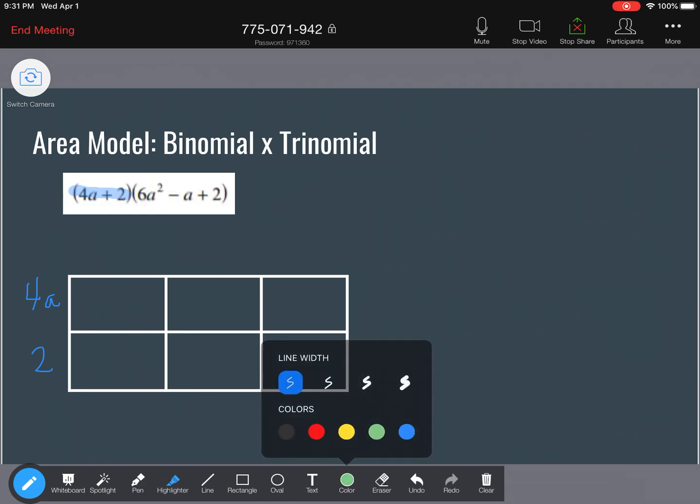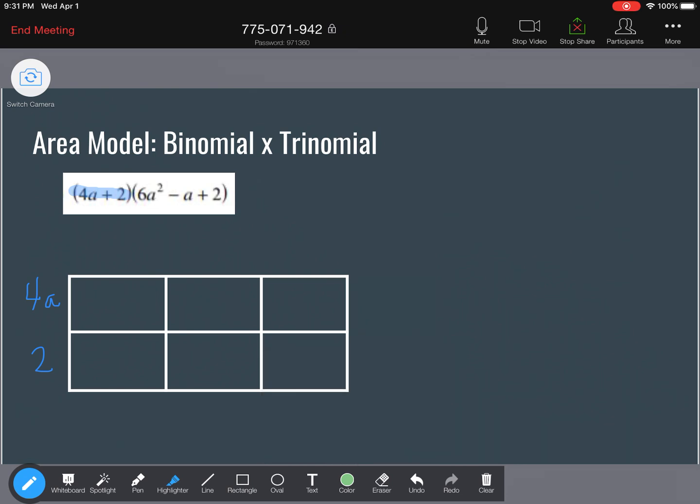And then I have my trinomial, 6a squared minus a plus 2, and I'm going to write that on the top. 6a squared. That's a negative a, so I'm going to take the negative with it. And a 2.